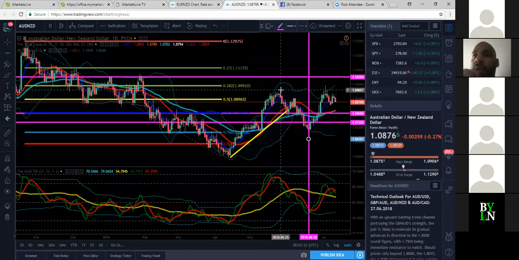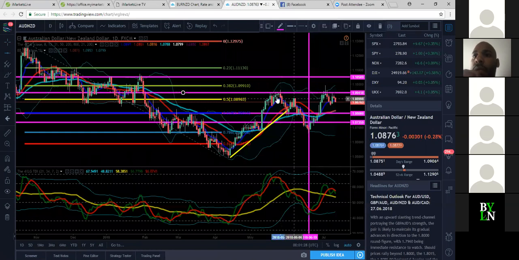Let me try to get my placement right. Right. Bullish followed by bearish, leaving the zone. Well, it came back here, put me in the trade, came down here.